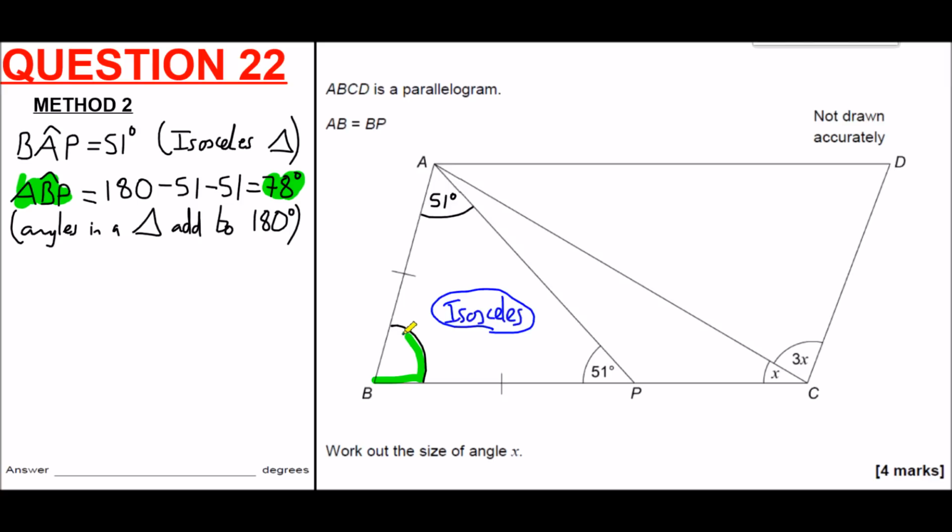So this one here, we've just calculated will be 78 degrees. Now what you might not have been taught explicitly, or if you have you may have forgotten it, is with parallelograms, one of the properties of parallelograms is the opposite corners of them are equal. And so if this one's 78, the angle up here will also be 78 degrees as well.